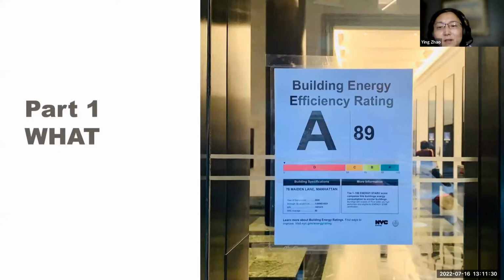The rating is based on comparison. They get a score to compare their building with similar buildings in the database. So that shows the energy efficiency. We'll talk about the benchmark thing a little bit more later in this seminar.